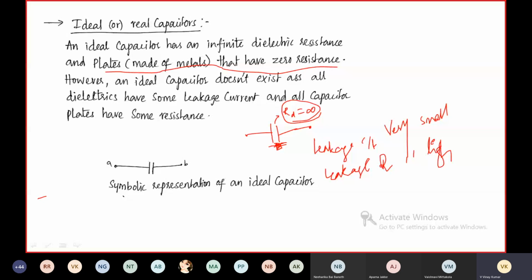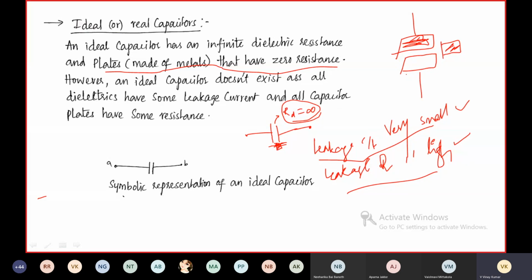So in practice, leakage current is very small and leakage resistance is very high. Practically, two conducting plates are separated by an insulating medium, and this insulating medium has very high resistance in practice.